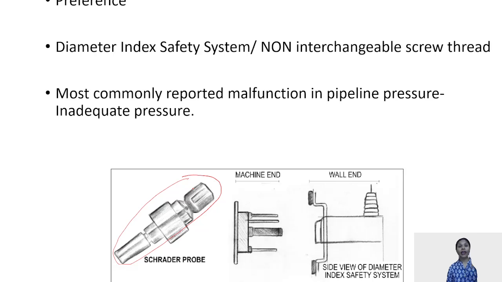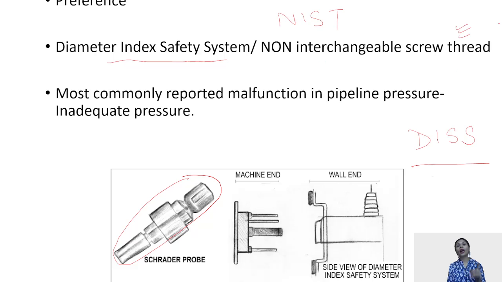But even here, when the pipeline is connected to the wall outlet, we have a very important safety mechanism to ensure that the right pipeline is connected to the right mount on the wall. And this system is known as the DISS system, that is your diameter index safety system, or NIST, non-interchangeable screw thread.